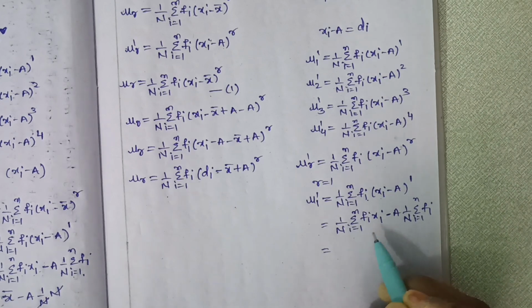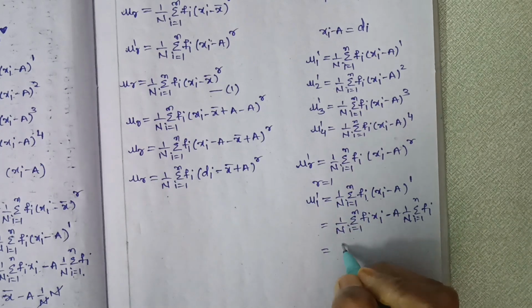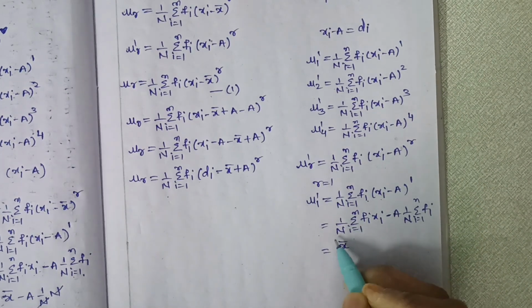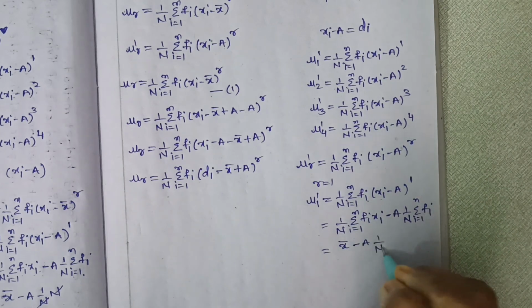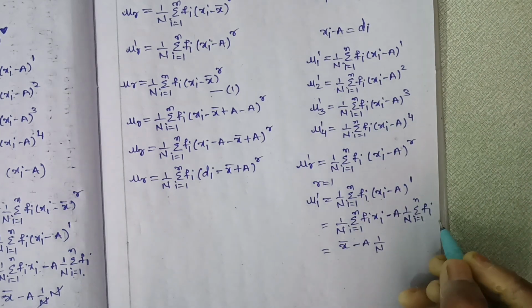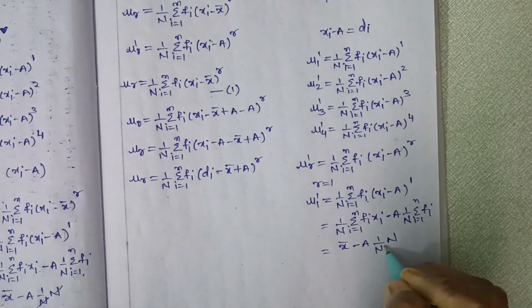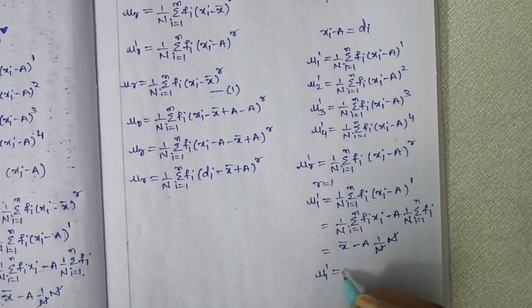This is the mean formula of discrete series. Summation fi xi by n is the mean formula for discrete series. So we get the x bar. X bar is equal to summation fi xi divided by n, and minus a times 1 by n summation fi, and we also know that summation fi is equal to n. Therefore we can easily cancel this n and this n. Therefore mu 1 dash is equal to x bar minus a.